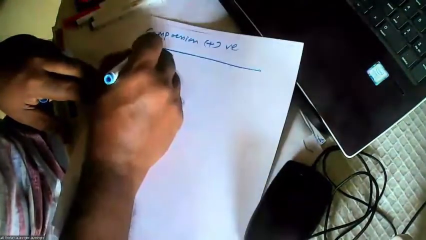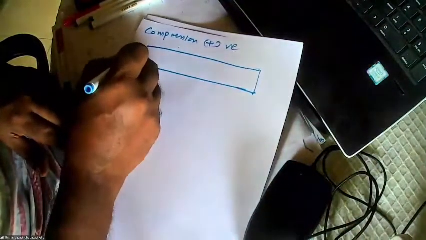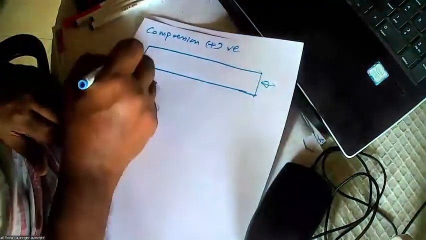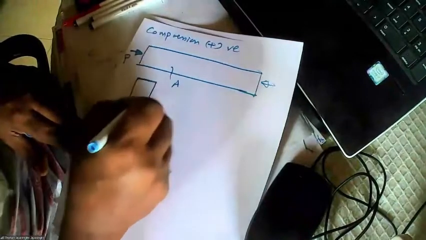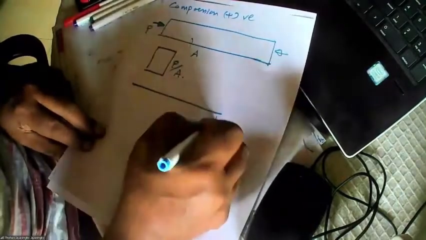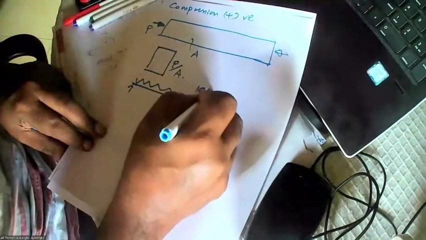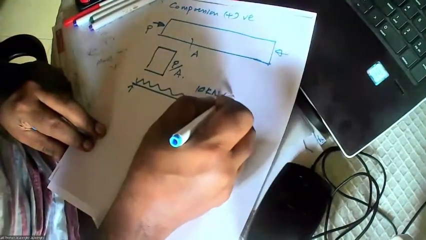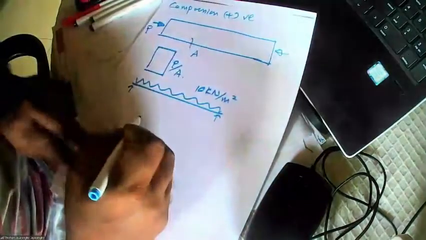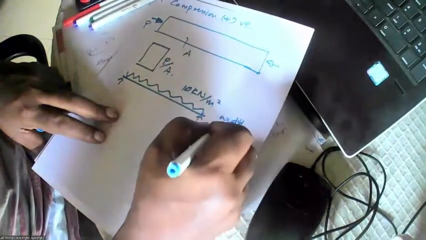You have a beam. Then we apply a force at the center and we get P, the area is A, P over A. Then we apply a UDL, let's say 10 kilonewtons per meter squared, and that comes to, say, the width of the bridge is 1 meter.